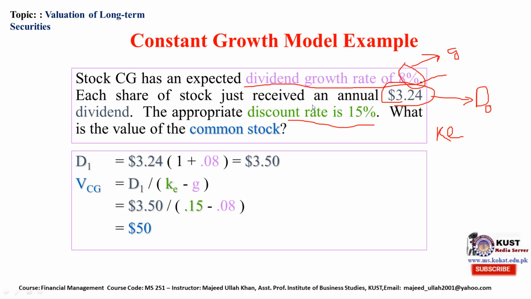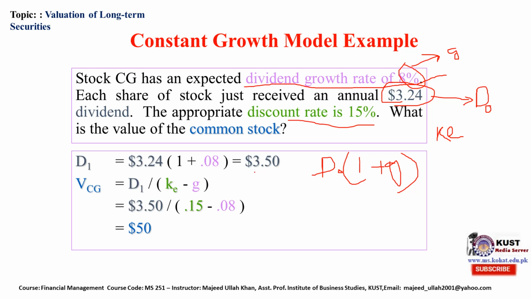Sorry, this is D naught. So D1 is D naught into 1 plus G. Putting values in it, we get $3.24 times 1 plus 0.08.